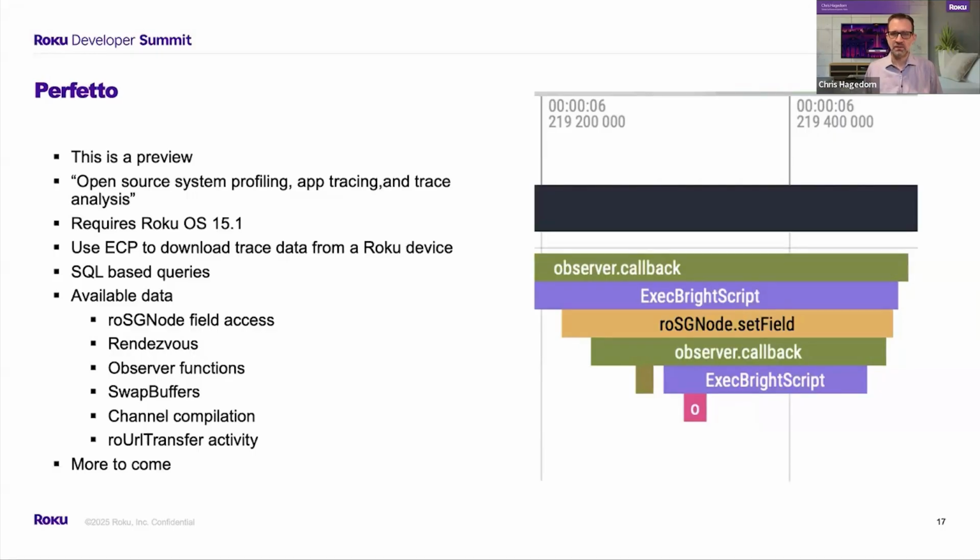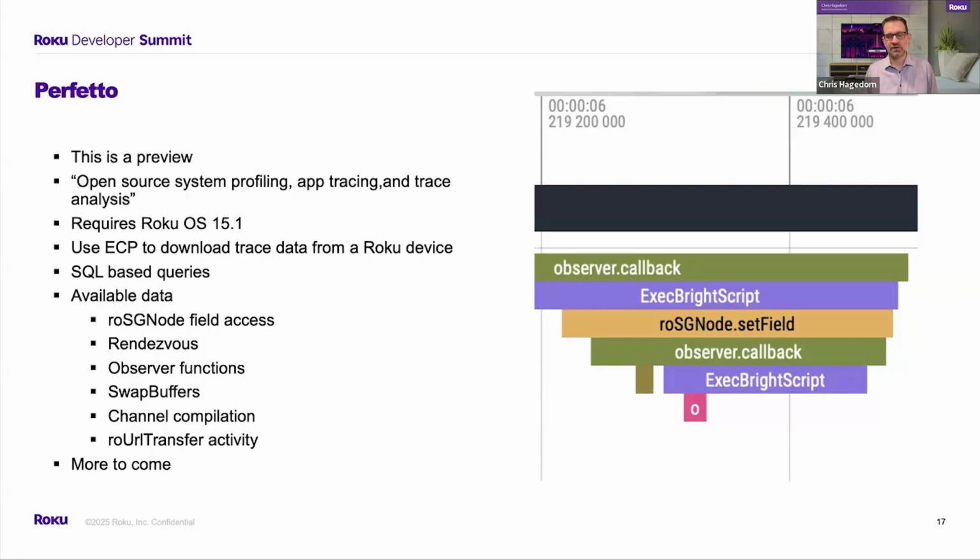But the XML files in your channel, that's not true of them. The XML files are always parsed and compiled on the device. And so this channel compilation data lets you see exactly how long it takes to compile each individual XML file in your channel. And I think that's very powerful.